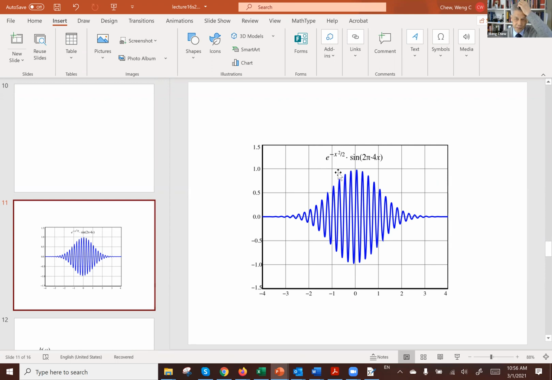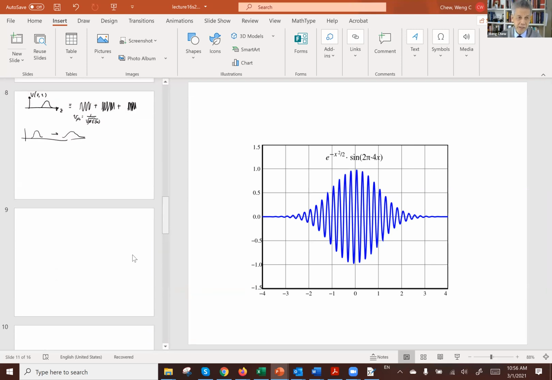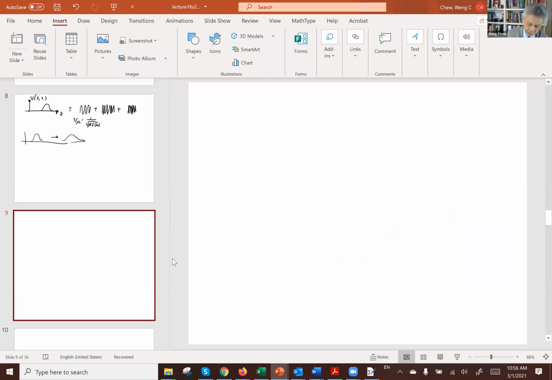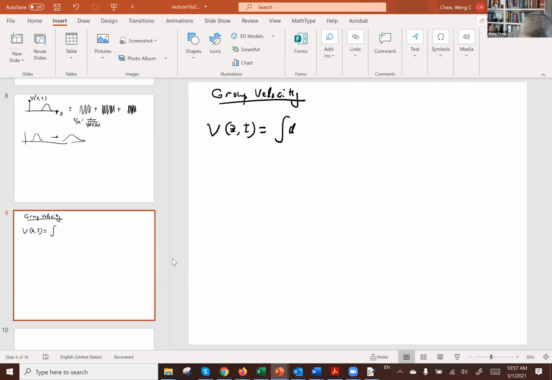If you were to do the Fourier transform of this pulse, you will find that it consists of very many different frequency components. And in order to describe this pulse, you will have to use a different strategy. So let's talk about group velocity now. A wave can now be thought of as the sum of different frequency components.